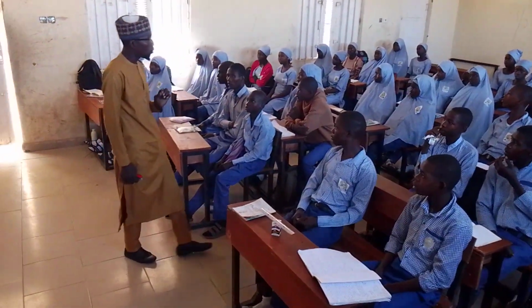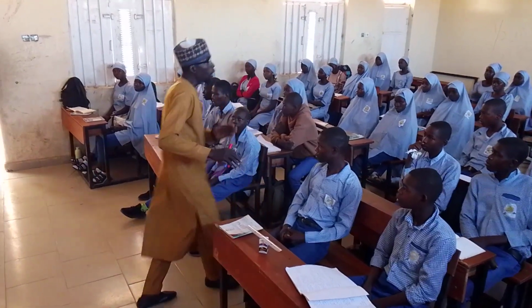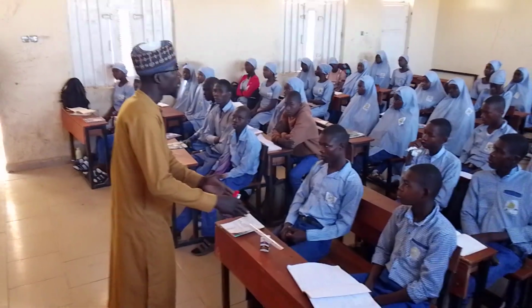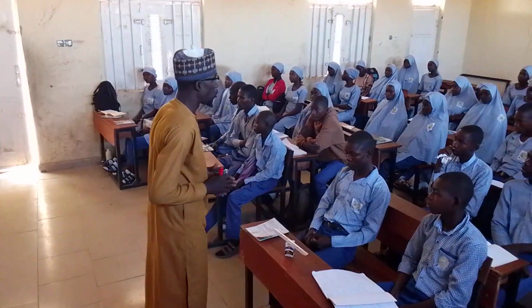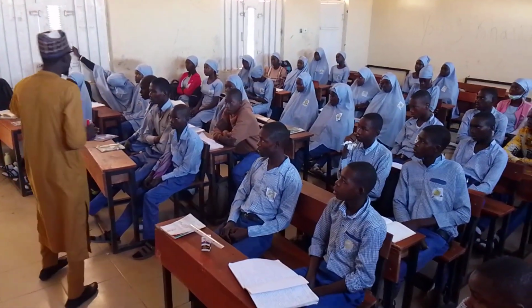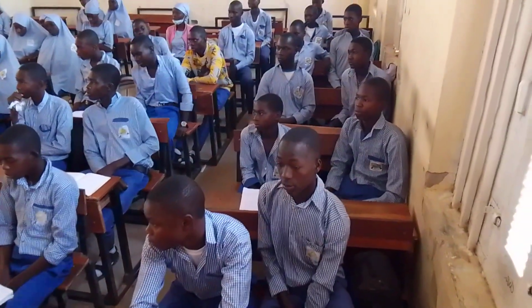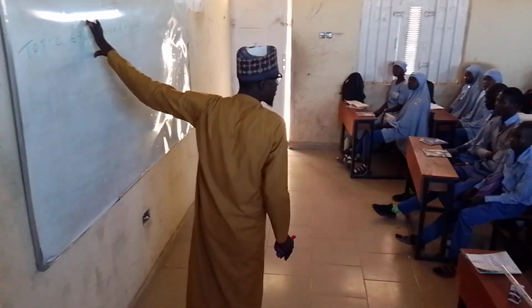Good. So if we say a body at rest is in static equilibrium, when a body begins to move, it is at what? Kinetic or dynamic equilibrium. And equilibrium is what we call balance.